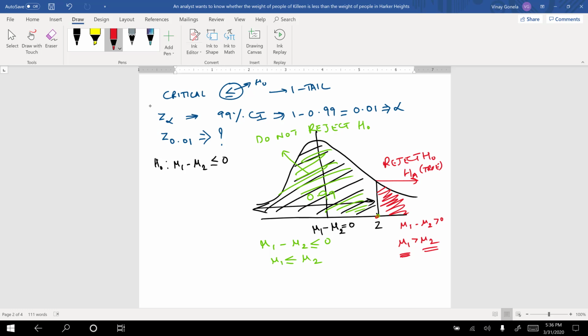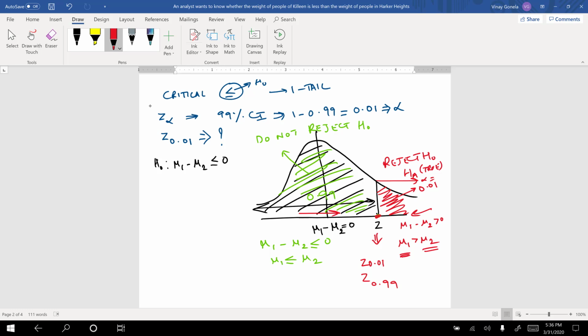So I wanted to know what this point is. This area is 0.01. This is alpha. If I wanted to calculate z 0.01 from the left side of the curve, it will be z at 0.99.